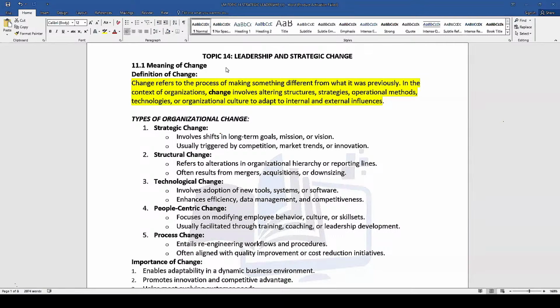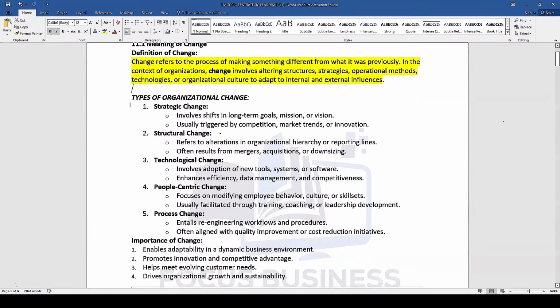We are able to have these within the organization of the company. Now, these are the types of change we have. The first type of change is called strategic change. So we have a type of change which is referred to as strategic change. Now, what is strategic change?